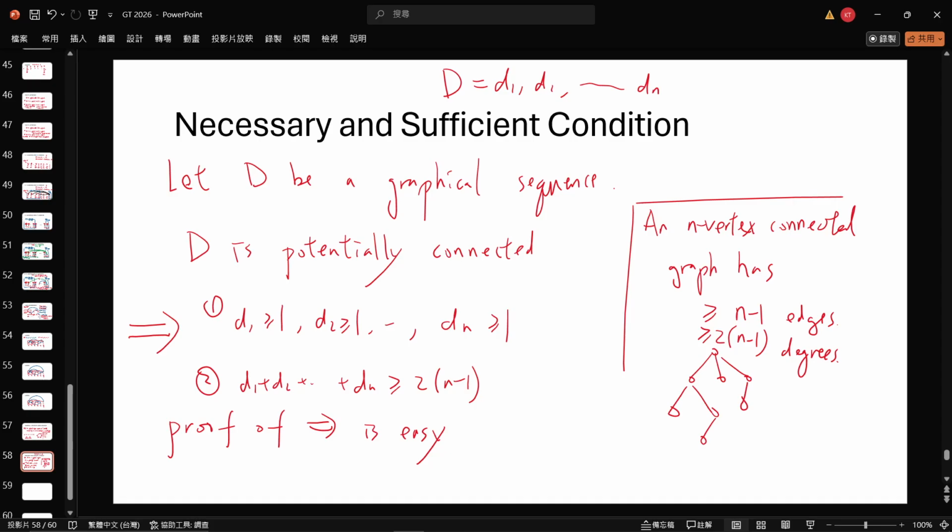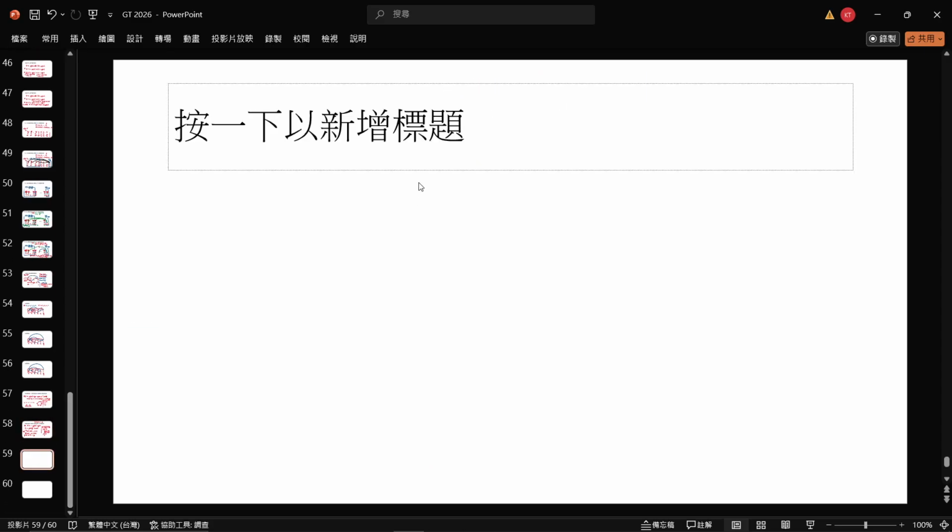Even though this is easy, for completeness, I'm going to write down the proof.